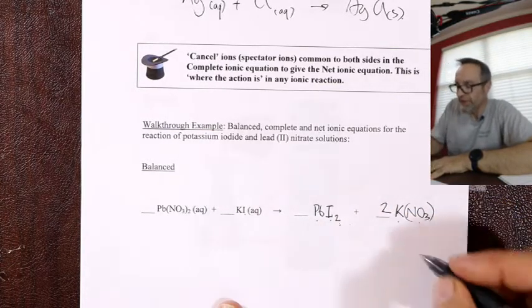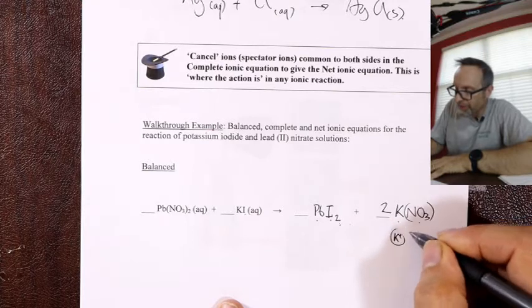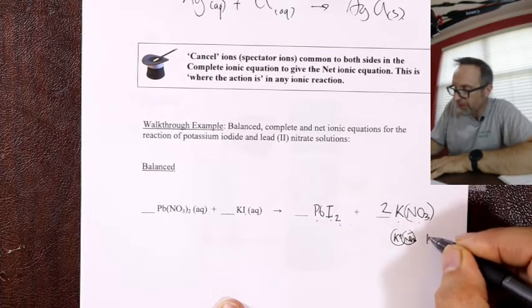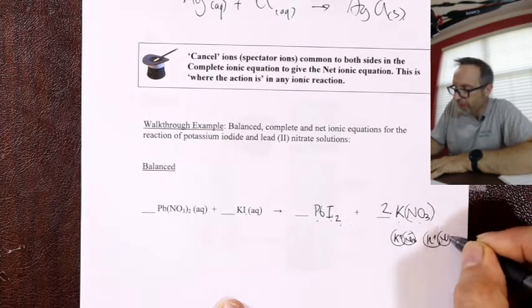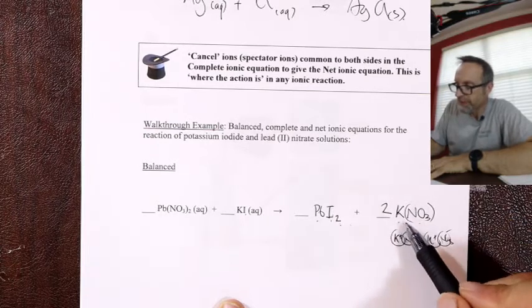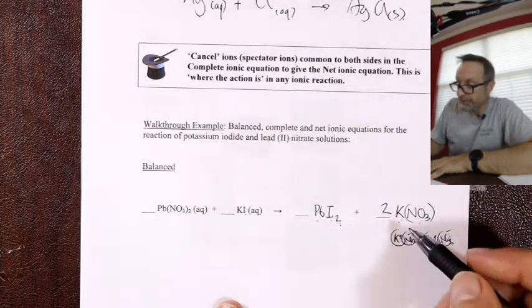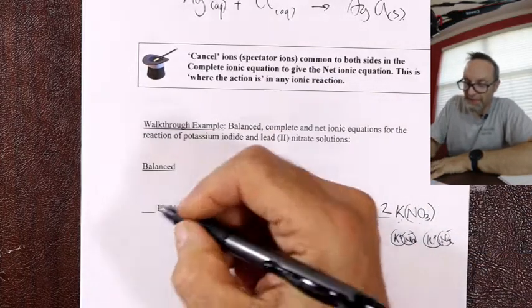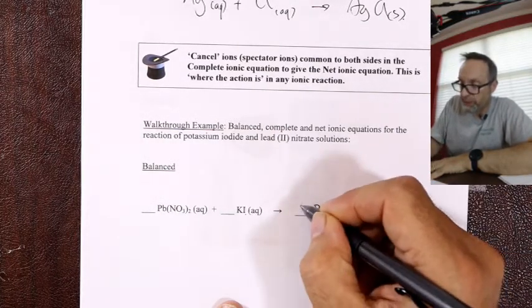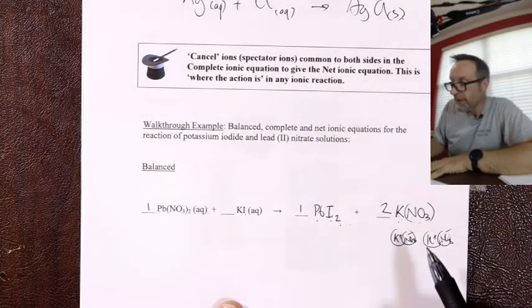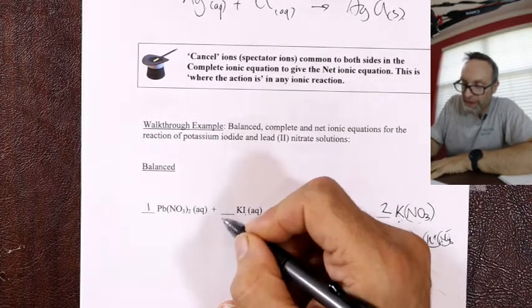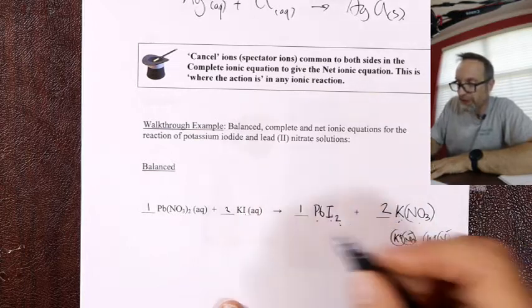If I draw this, I got K plus NO3 minus, and then another K plus NO3 minus. So that's 2 KNO3, right? So that's my nitrates balanced. Let's just check lead. 1 lead there, 1 lead there. That's good. Now I've got 2 Ks, 1 K there, 2, and 2 iodides.